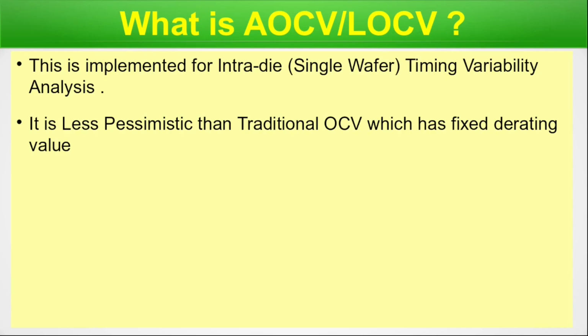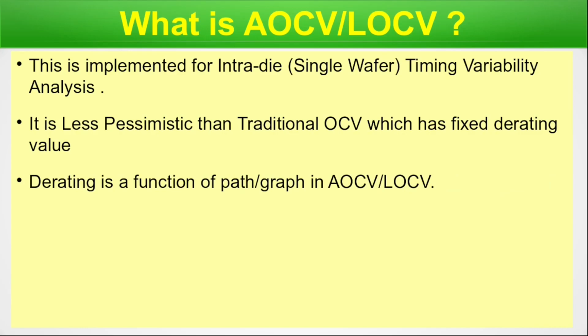However, these AOCV things became very prominent around the 65 nanometer node or below. Above the 90 nanometer node, there was no need to consider AOCV or LOCV. But in the sub-nanometer domain, when we went down to around or below the 65 nanometer node, AOCV became of great importance.